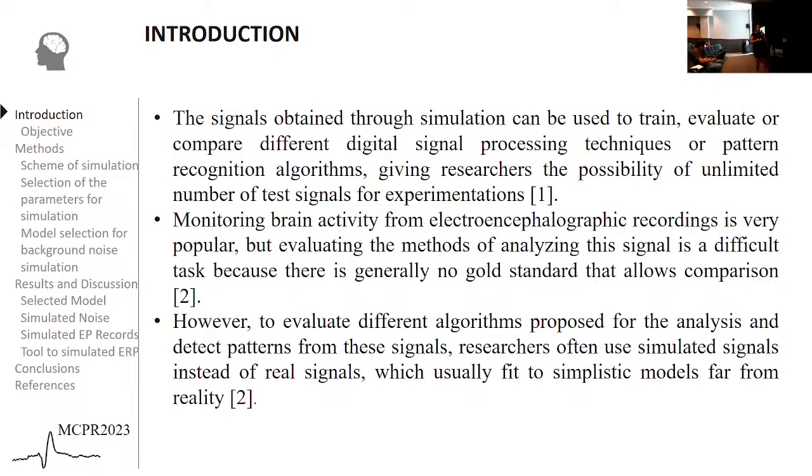Monitoring brain activity from electroencephalographic recording is very popular, but evaluating the methods of analyzing the signal is a difficult task because there is generally no gold standard that allows comparison. Research often uses simulated signals instead of real signals, which usually fit simplistic models far from reality.